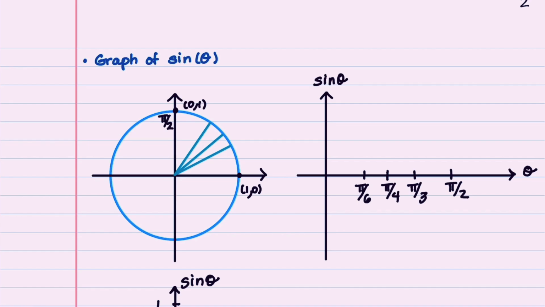Let's now graph sine theta. As theta goes from 0 to pi over 2, sine theta goes from 0 up to 1. Let's put those points on our graph of sine theta. We'll now translate the 3 points in between these points over to our sine graph.